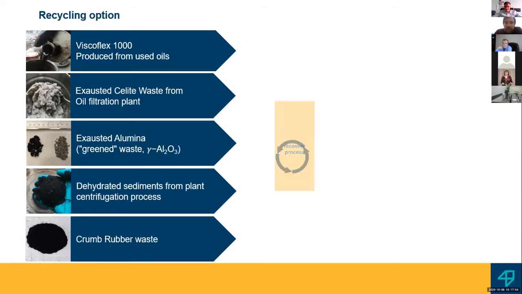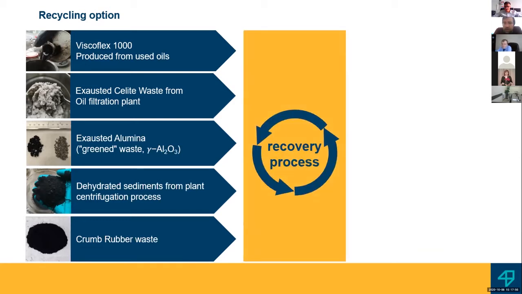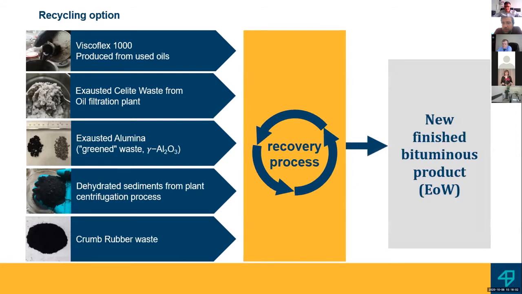Okay, these were used to create a circular economy process, a recovery process, to produce a new finished bituminous product, an end of waste. We hope that this one can substitute the bitumen derived from petroleum, crude oil. Okay.